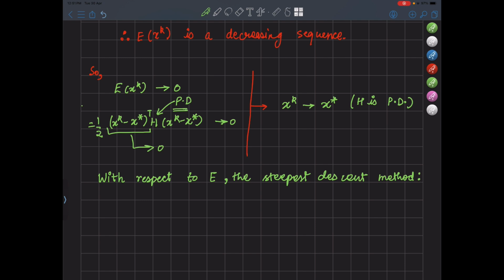Before I continue, till here we have shown that x_k converges to x star. So in the steepest descent method, x_k converges to x star, especially for a quadratic case. Okay, so now let's continue with some observations that we made. So with respect to E, the error function, the steepest descent method converges linearly.